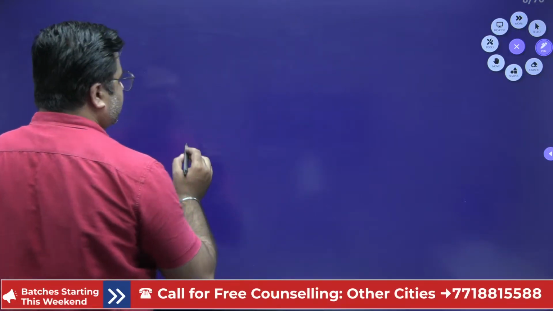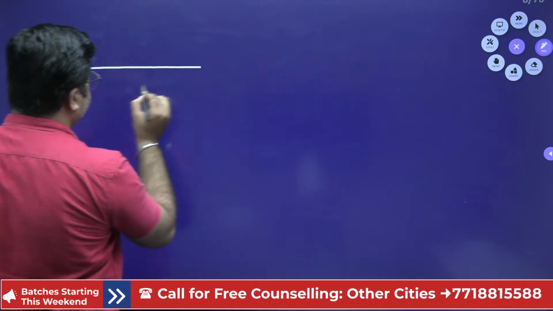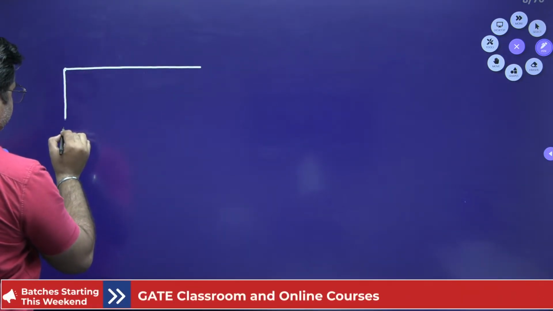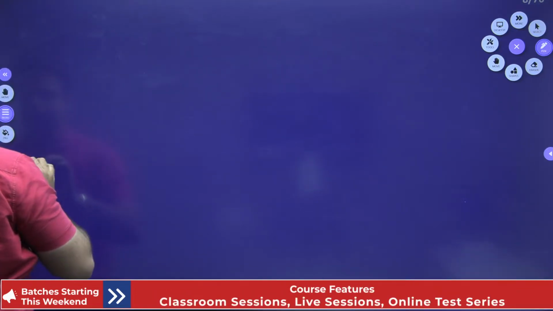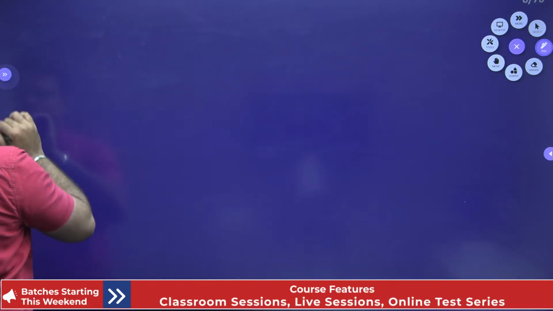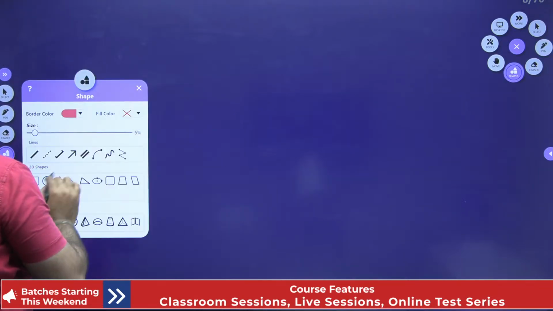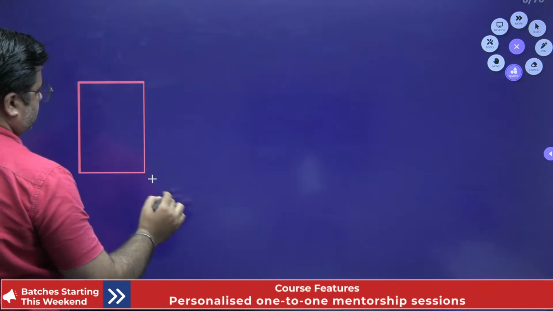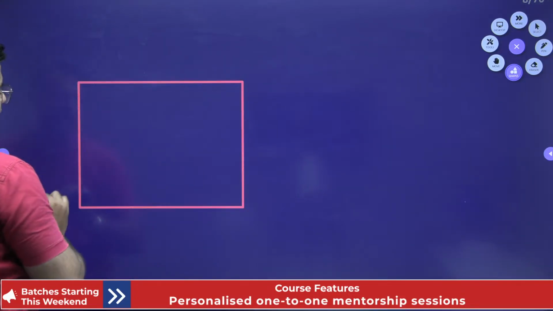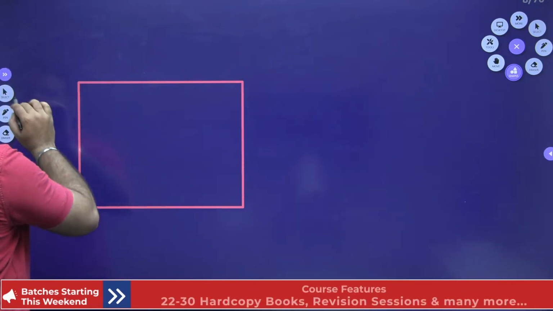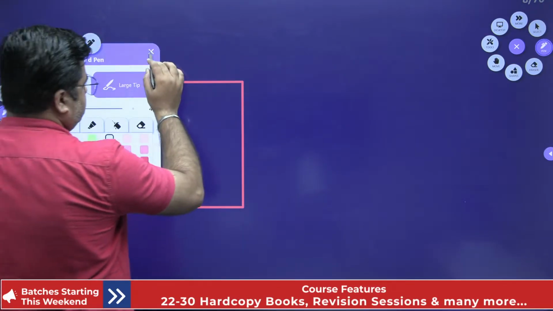So I'll just draw this cross-sectional area. First of all, you consider this body like this. Okay, this is the body I have.